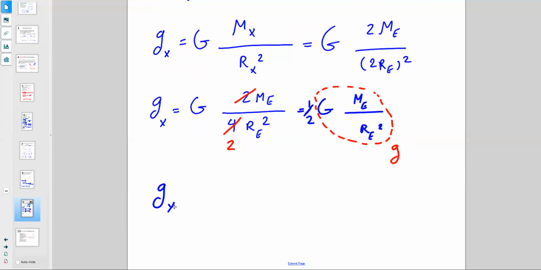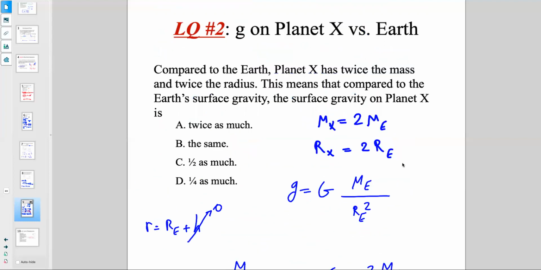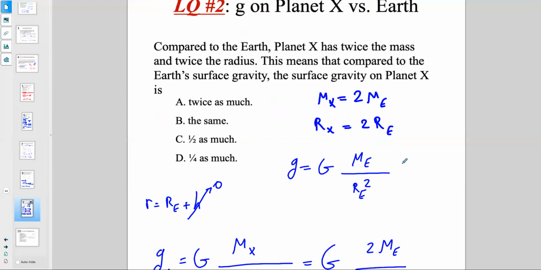So g of X is half of g, in other words half of 9.81. That's the answer.